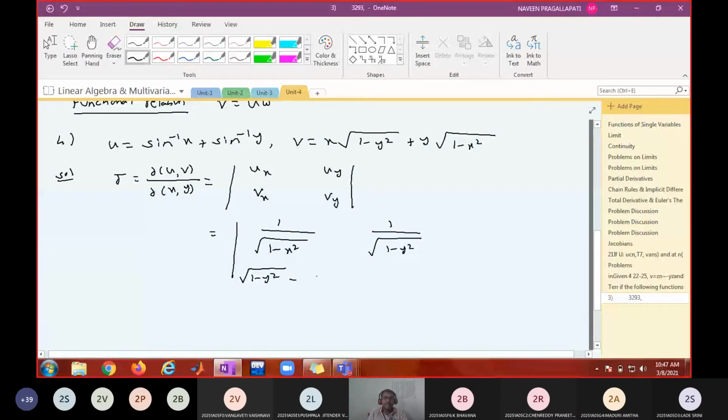Minus y by root of 1 minus x square into 1 minus x square derivative with respect to x is minus 2x. Do you agree?